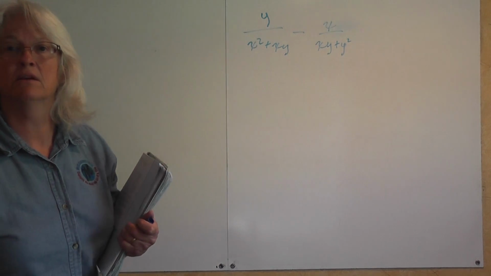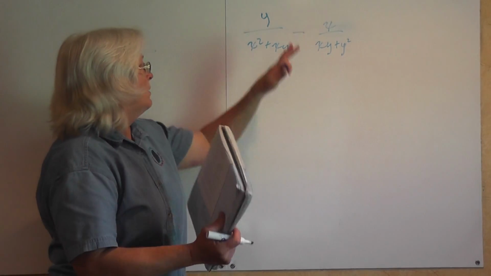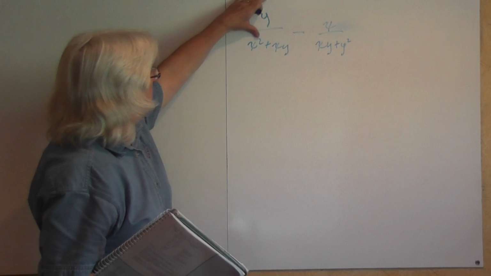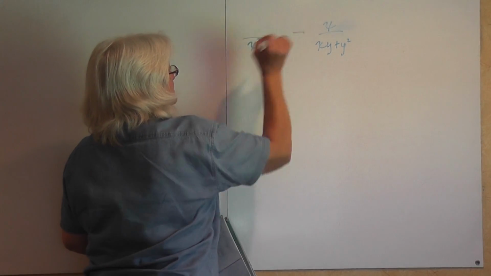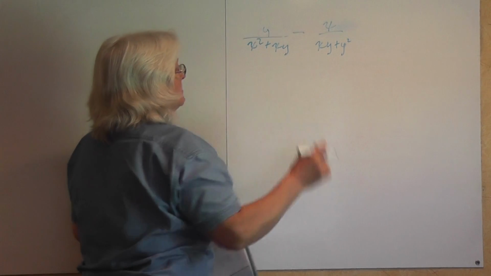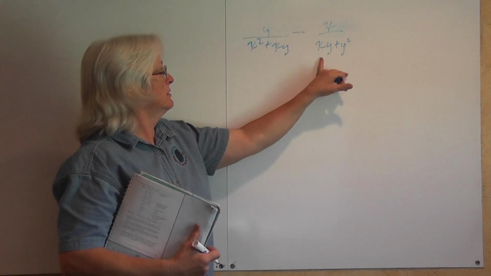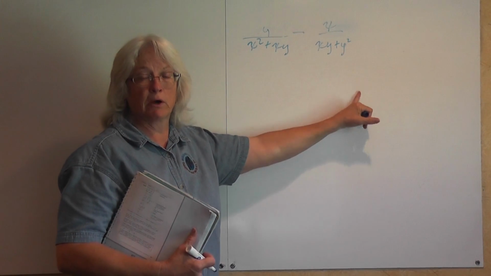Can we see that? y over x squared plus xy, minus x over xy plus y squared.